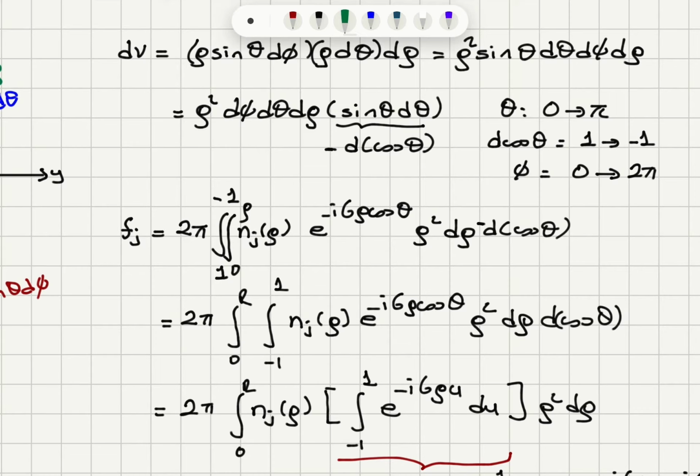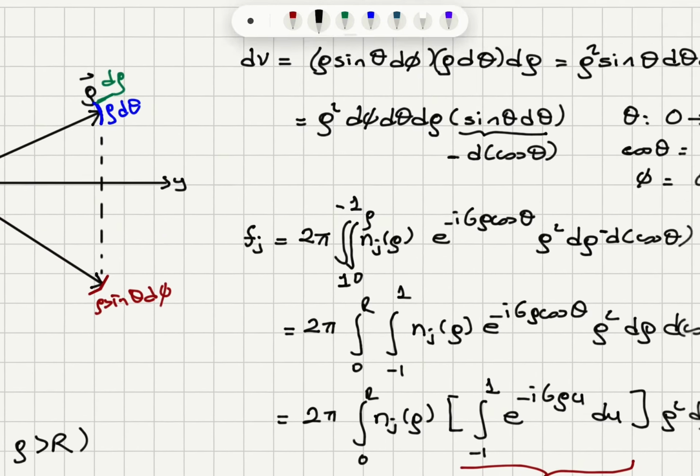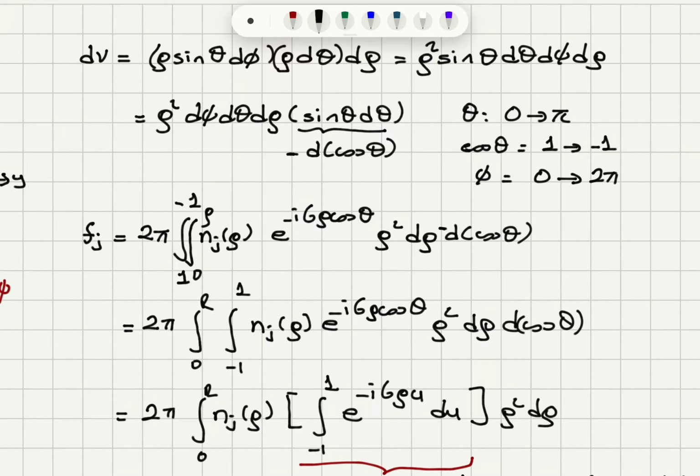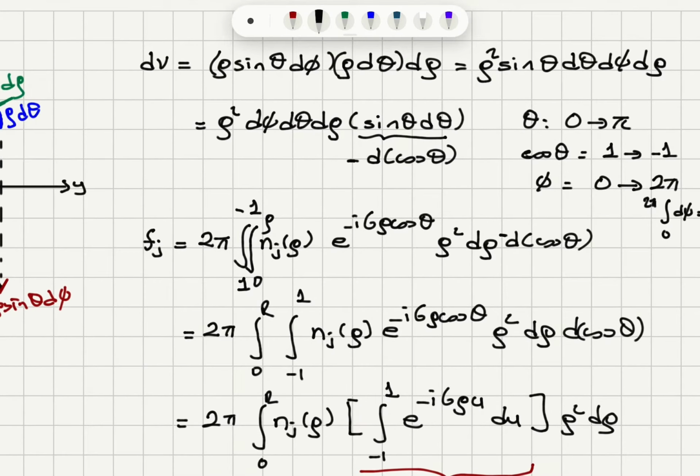The theta angle varies from 0 to pi, giving a variation in cosine theta from 1 to minus 1. And rho varies from 0 to R, and phi does not belong to this integral. So the integral over phi from 0 to 2 pi, integral 0 to 2 pi d phi, gives me 2 pi. So that's where this 2 pi comes from.